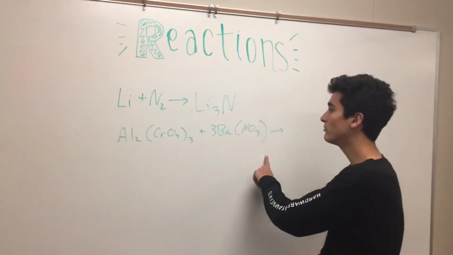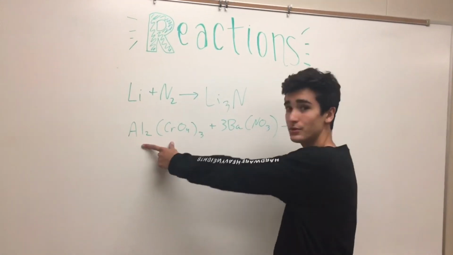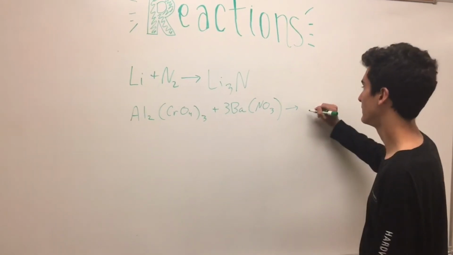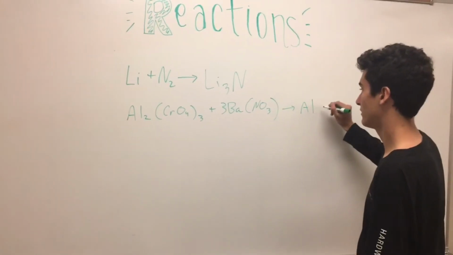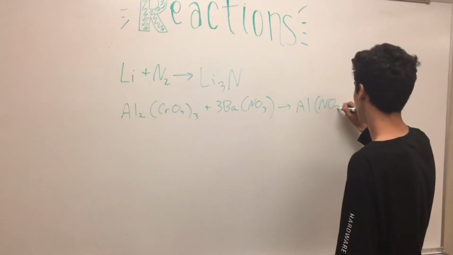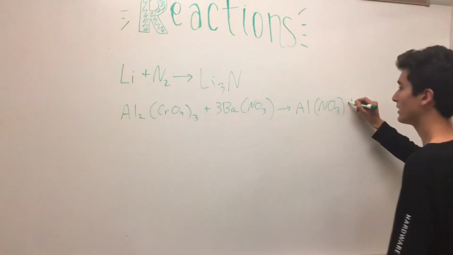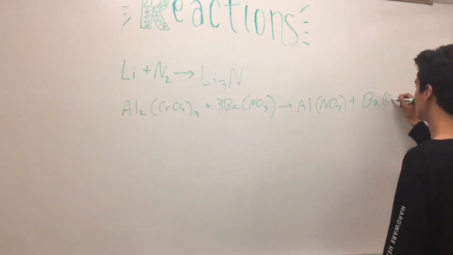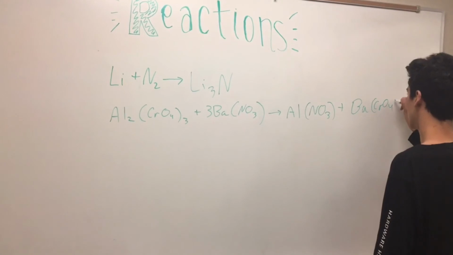This one would be double replacement because there are 2 things combined and then 2 combined here. So it would be Al with NO3 plus Ba with CrO4.